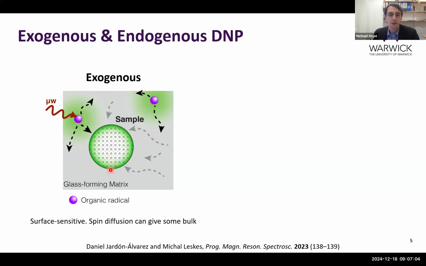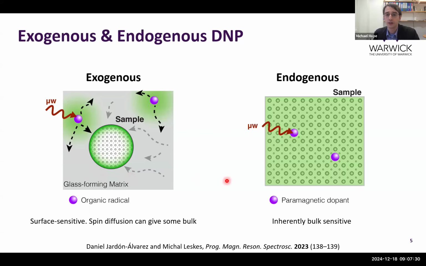What this means is our polarization source is outside of our sample. This results in some inherent surface selectivity, which in a lot of situations is very beneficial, but it's not necessarily the best way of doing things if you want to look at the bulk. How much bulk signal you get from this approach really depends on how efficient your spin diffusion is.